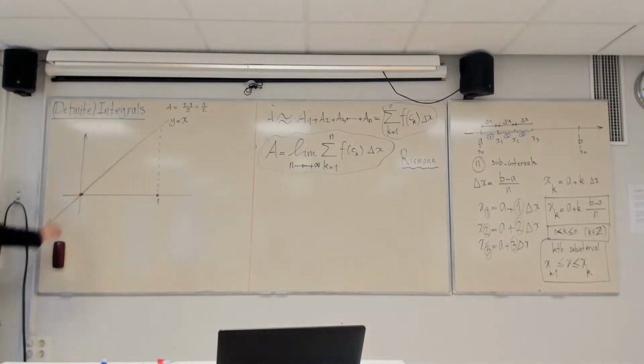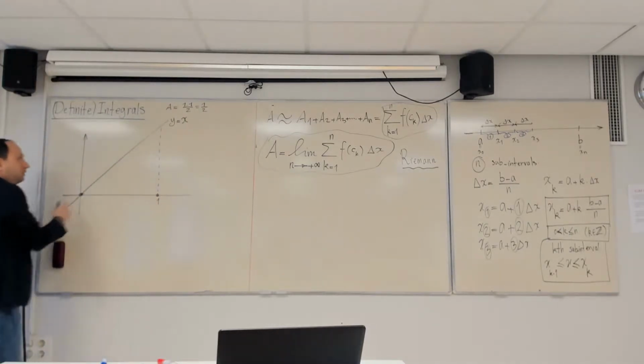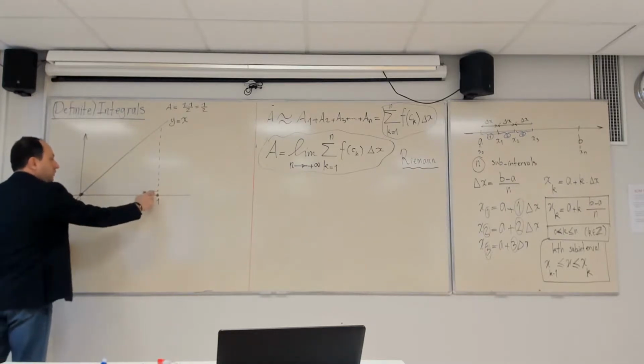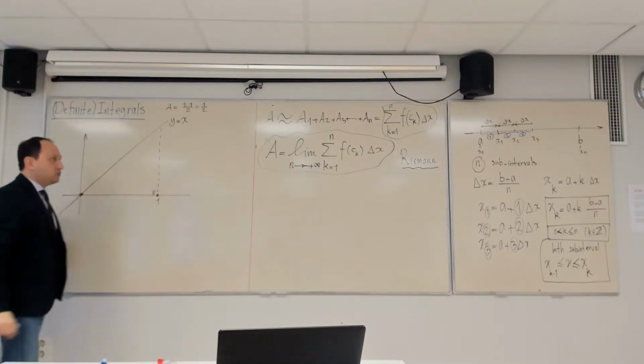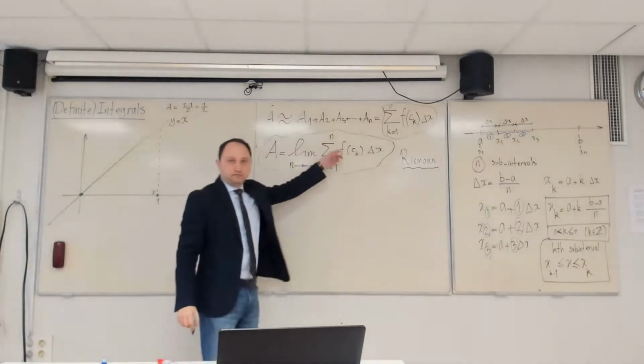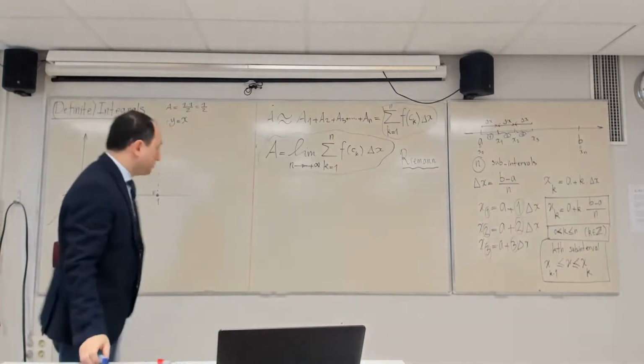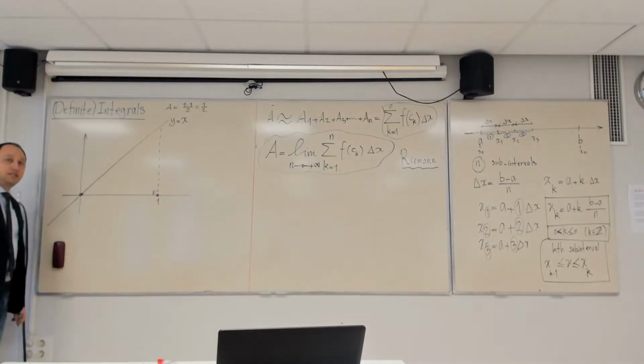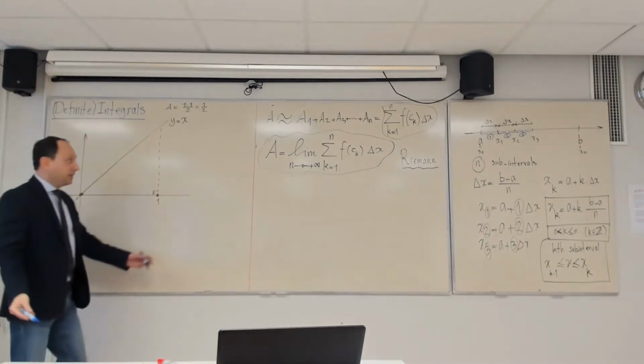Okay? So hopefully everyone agrees with me that the area of this triangle, which is a right angle triangle, is 1 over 2. But let us try to use this formula if possible. So what I have to do, I have to subdivide the interval into infinitely many intervals. But I cannot do that.